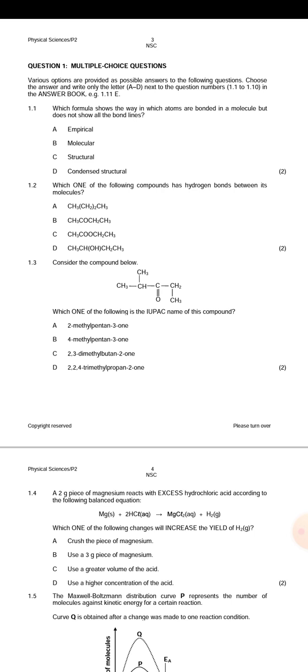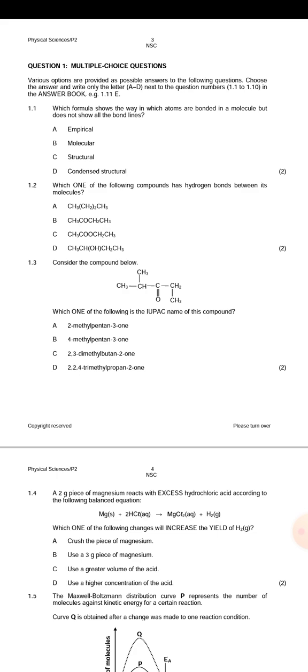Both of them are pentan-3-one, but now you see the position of the methyl is the one that is different. So now in naming, you need to make sure that your substituents are also in their lowest positions if possible. So if we count from the right hand side, the carbonyl is in position 3, but that makes the methyl to be in position 4.